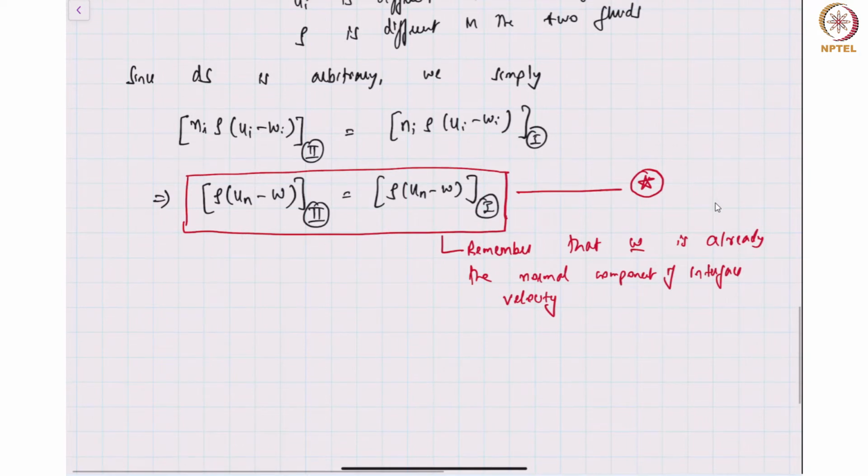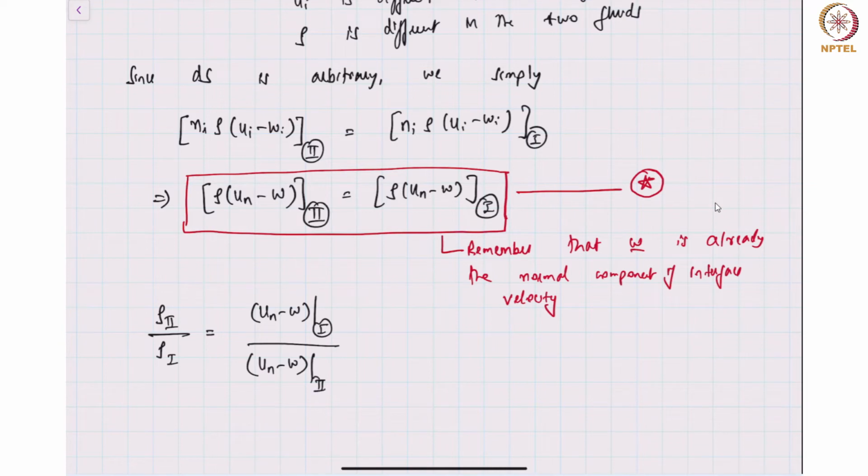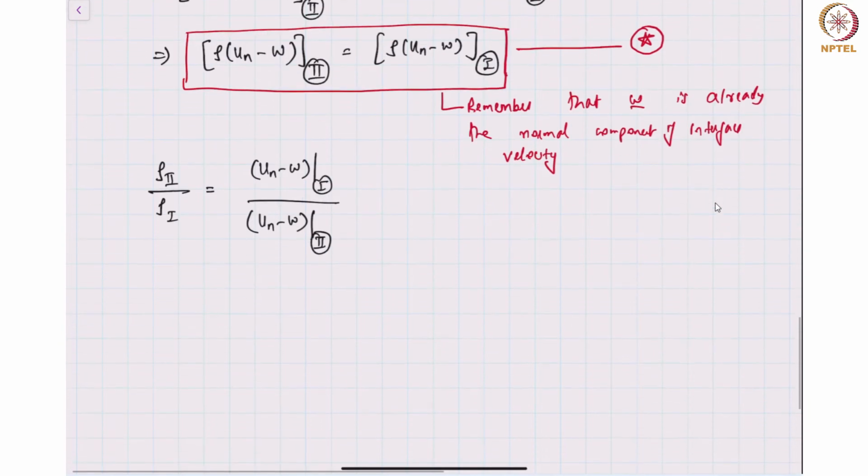Or in other words, you can say density in fluid 2 divided by density in fluid 1 is equal to the normal component of velocity at fluid 1 divided by the normal component of velocity at fluid 2. Okay. The normal components of velocities are not the same if the densities are different.